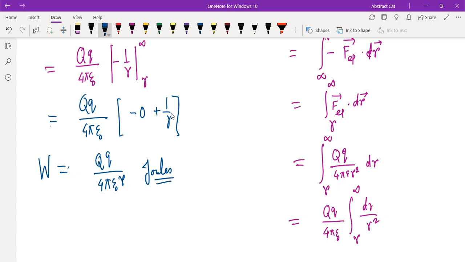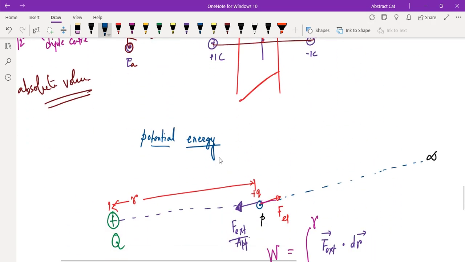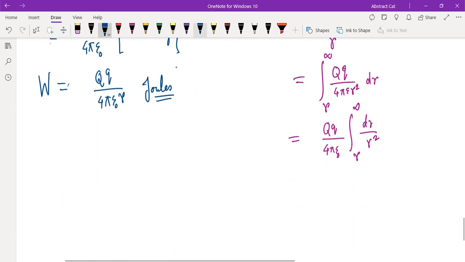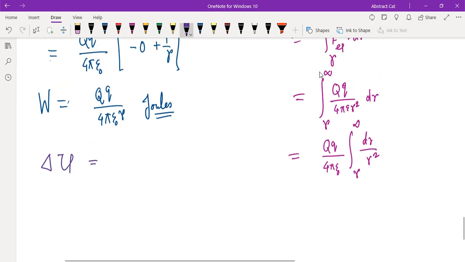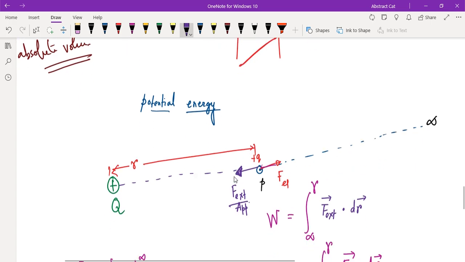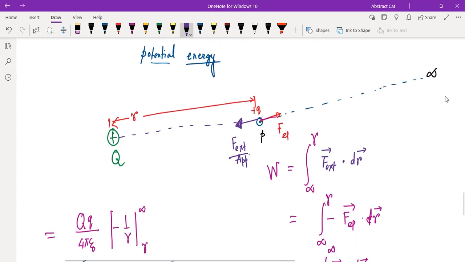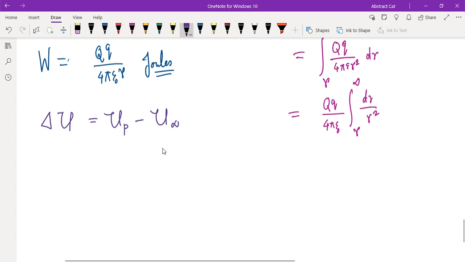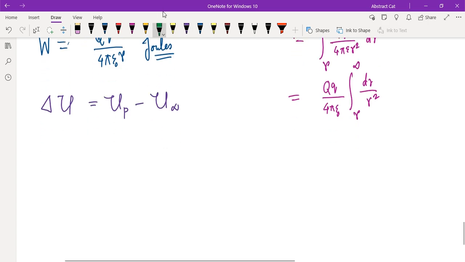And there is a relation between work done and potential energy, okay. So what is the relation, the work-energy theorem? We know that delta U, the change in potential energy, in bringing a test charge from infinity to a finite point, is final potential energy minus initial potential energy. So final means potential energy at point P, and the potential energy at infinity is zero, okay.